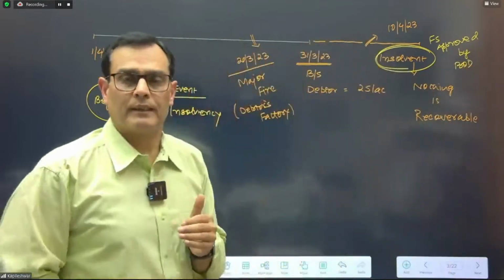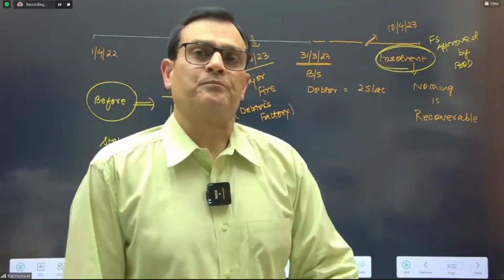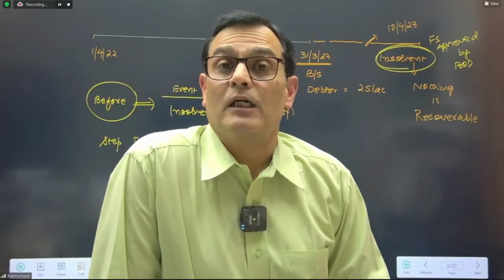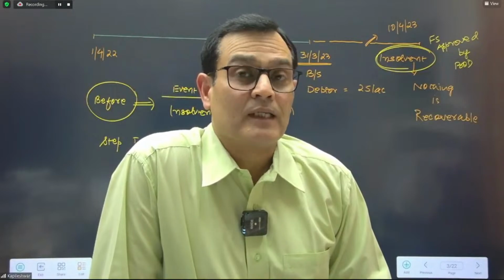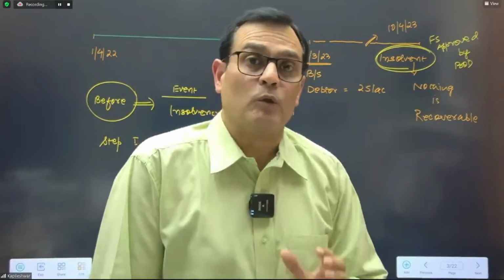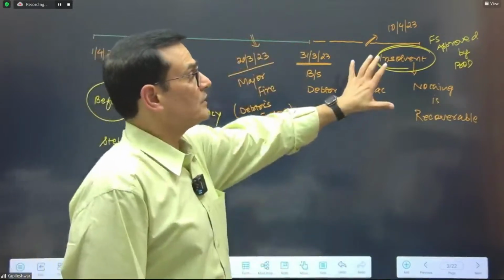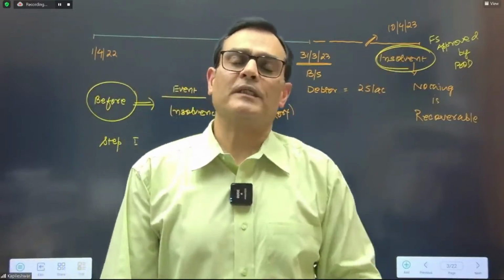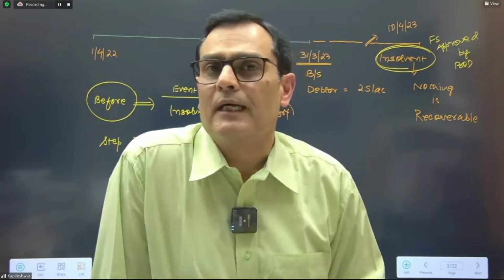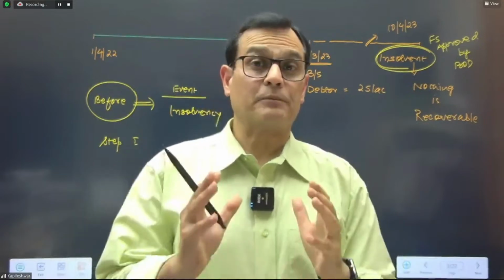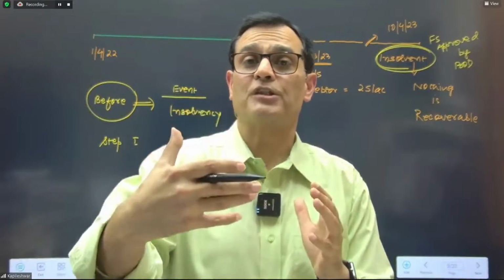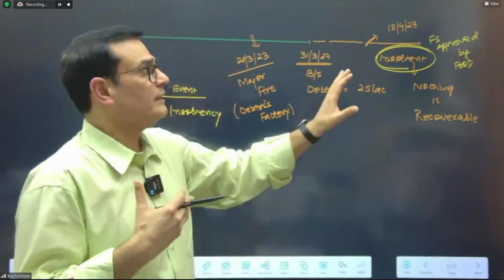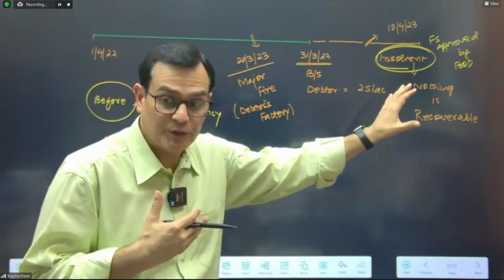We all know in a practical life situation, before the financial statements are released and filed with the regulatory authorities like MCA, Ministry of Corporate Affairs, once the financial statements are ready, they have to be approved, adopted by the board of directors of the company. So the financial statements of every company have to be first adopted, approved by the board of directors of the company. Then only they can be filed with the regulatory authorities.